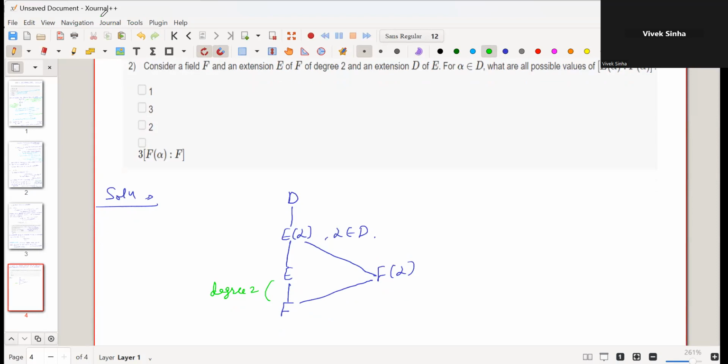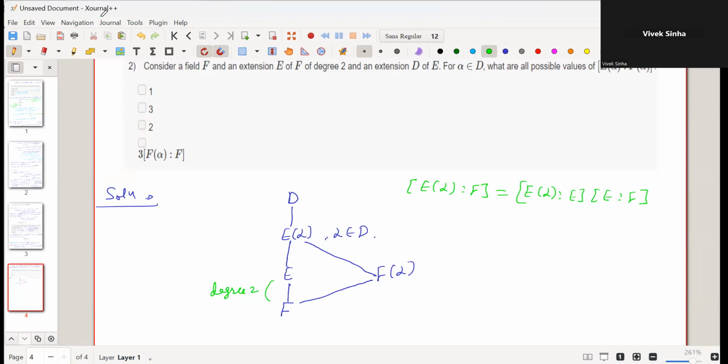So see, E of alpha over F. From here to here, this tower we have to use. This has degree E alpha over E, and then multiplied by E over F. Okay, this is one way to calculate this degree.